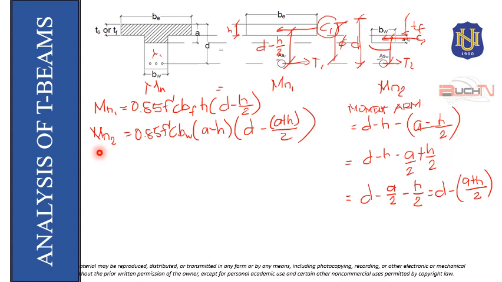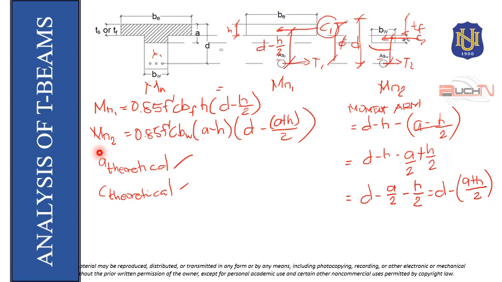Siyempre, bago tayo mag-arrive dito sa mga values na to, kailangan muna natin i-prove kung tama ba yung assumptions natin that steels are yielding. Meaning, kasi yung una nating makukuha, tama ba? That is the A theoretical. So, kailangan natin i-prove that A theoretical is correct para maging A actual siya, as well as yung C theoretical is correct.